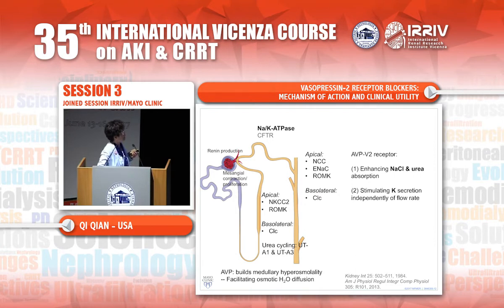It also enhances sodium chloride absorption, increases urea recycling, and stimulates calcium excretion. In the thick ascending limb of Henle, it stimulates NKCC2, ROMK, the basolateral CLC channel, and urea cycling in the medullary section.